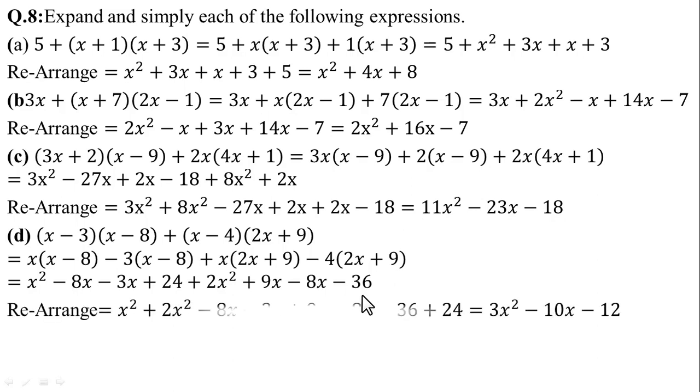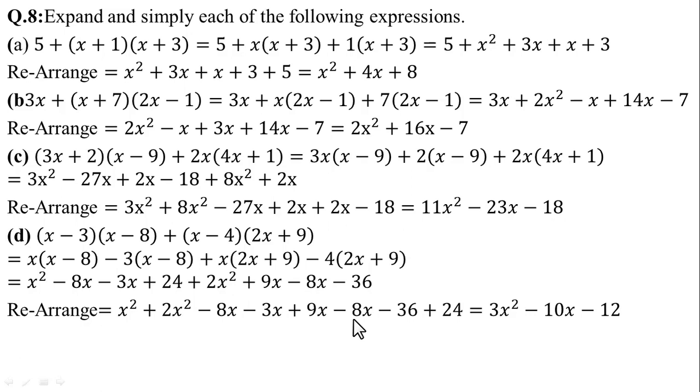Now rearrange the values: x square + 2x square − 8x − 3x + 9x − 8x − 36 + 24. x square plus 2x square is equal to 3x square.